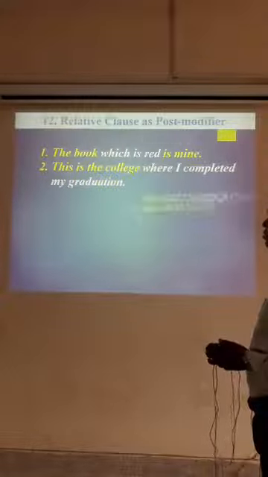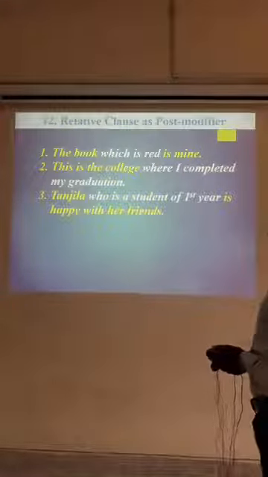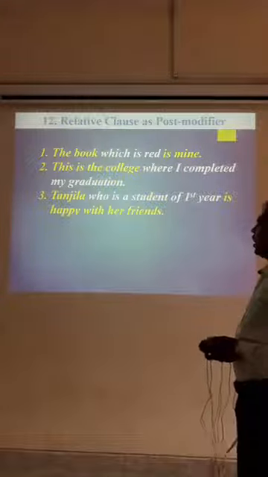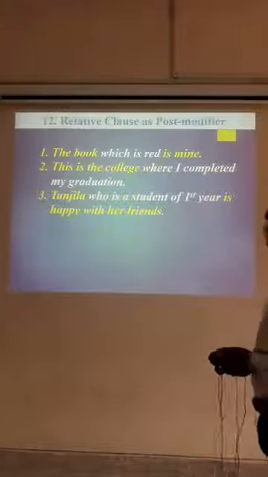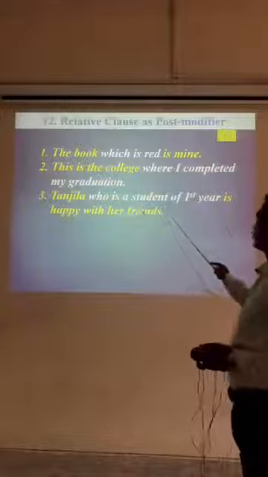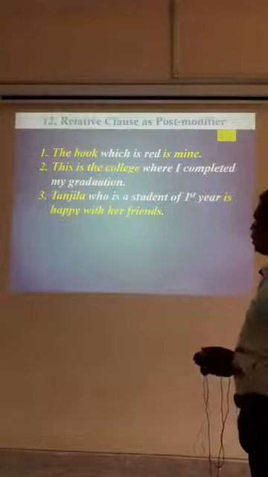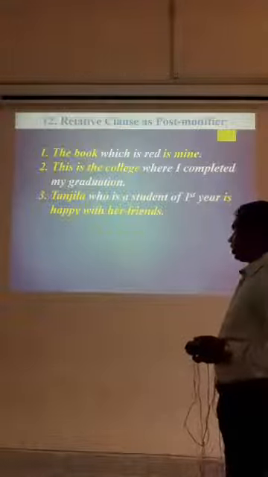Now number 3, Tanjila, who is a student of first year, is happy with her friends. That means who is a student of first year is a relative clause used there as a post modifier sitting after the word Tanjila.